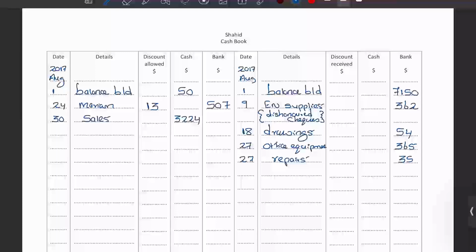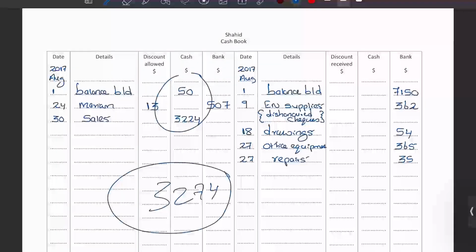Minus all the cash on the credit side. Did you pay anything from cash? No. In total, you got 3274. That is the addition of 50 and 3224.